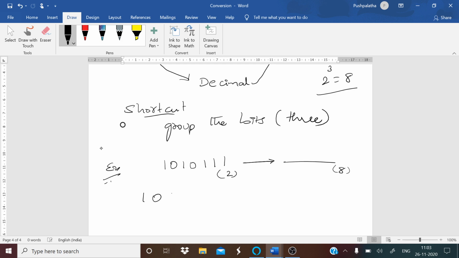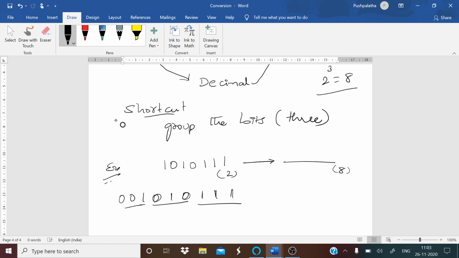You have 1010111. The first three numbers are one group. 3 bits, I said 3 bits. So this is 1, 2 and 3. Again 1, 2 and 3. And again you have only one left over here. If you have only one over here, you can add 2 zeros to the left-hand side. So what is 111? For this you have to know the binary conversion.